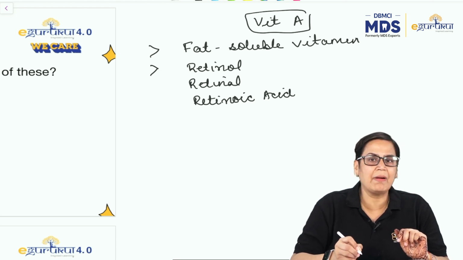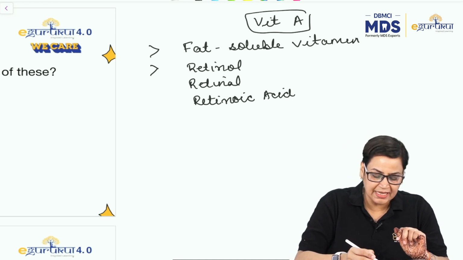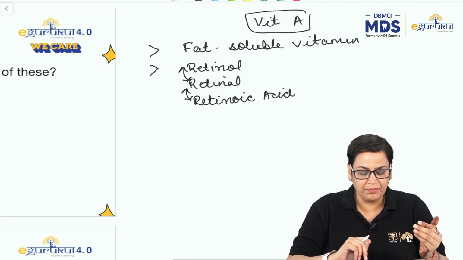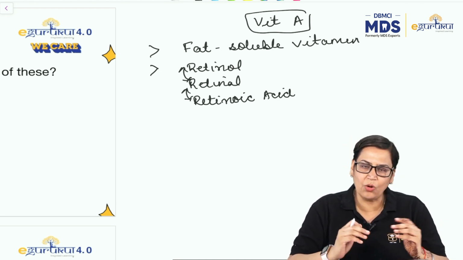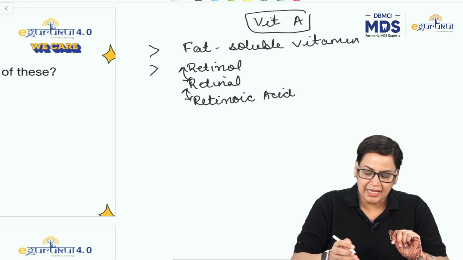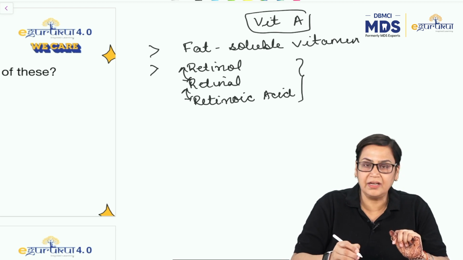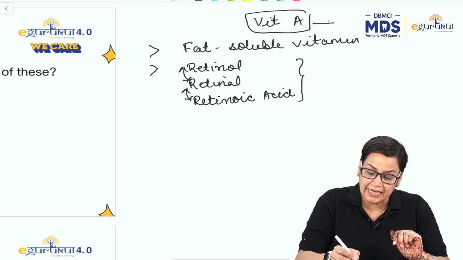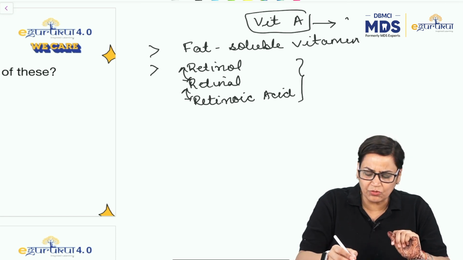And the interesting part about these three forms is they are interconvertible with respect to one another. Be it alcohol, be it an aldehyde, be it an acid. All these forms are interconvertible, and all three have a different role to perform. Vitamin A has a very important role to play in vision.